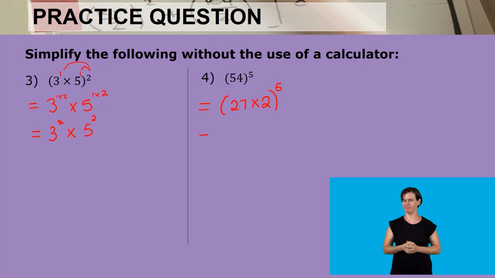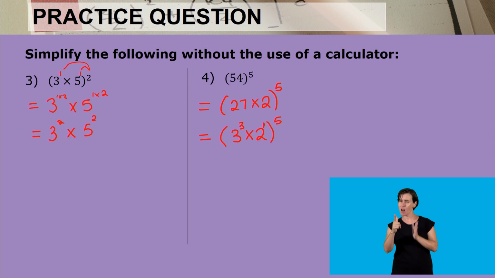And we can further simplify that 27 by saying that 27 is our 3 raised to the exponent of 3, of course, from our knowledge of cube numbers. And that, of course, is multiplied by that 2. Now, keep in mind that that 2 has an exponent 1.